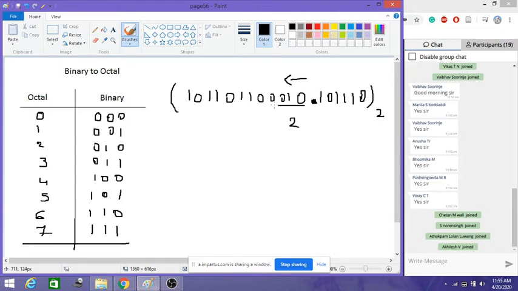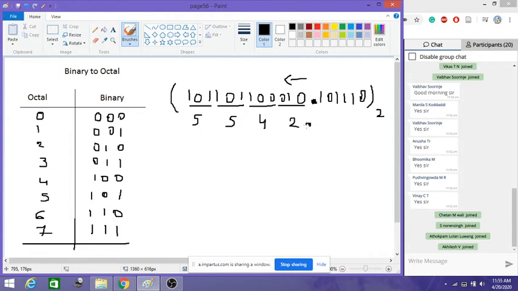Next group another 3 bits: 1 0 0 is 4. Group the next 3 bits: this is 5, and the last 3 bits give another 5. Likewise we group it and convert this binary to octal.